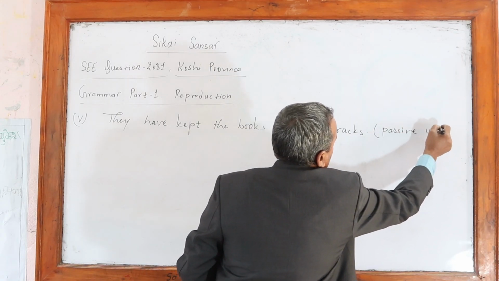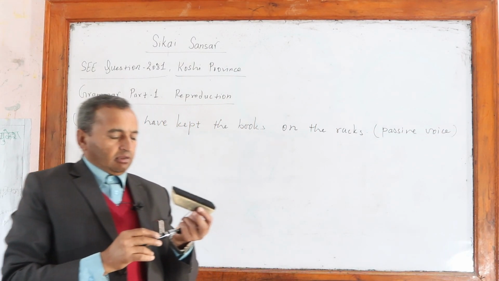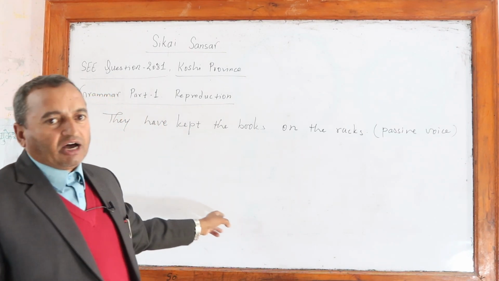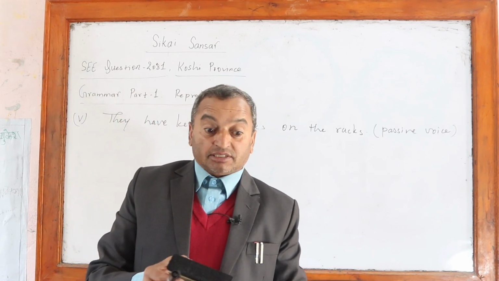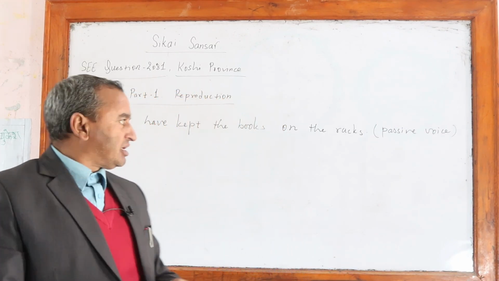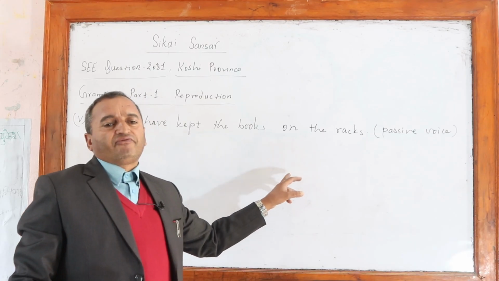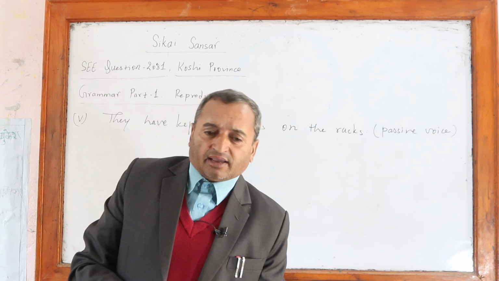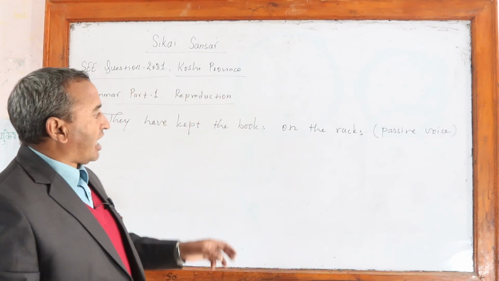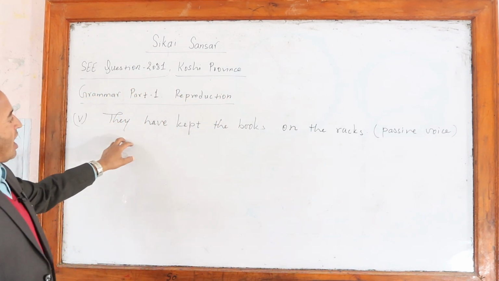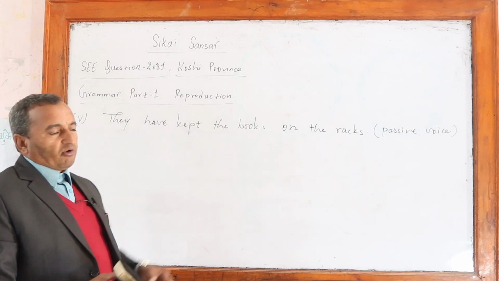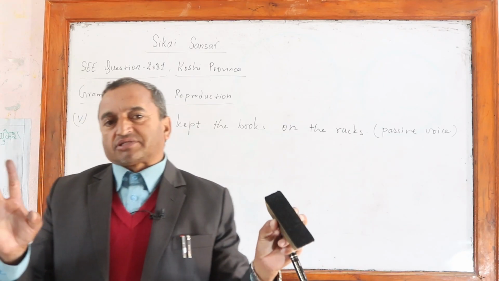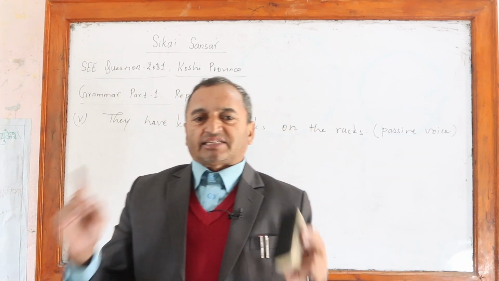Many students, not only the students, teachers also are afraid of voice and narration, direct and indirect speech. But my dear students, these two items are very easy to learn if you are really interested. If you start from the beginning, these are easier items. There are two types of voice, active voice and passive voice.